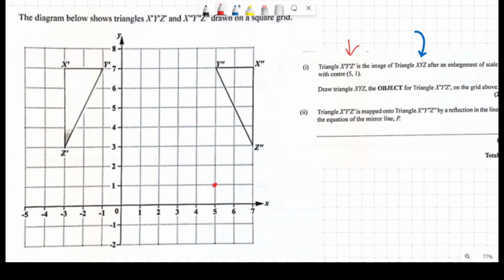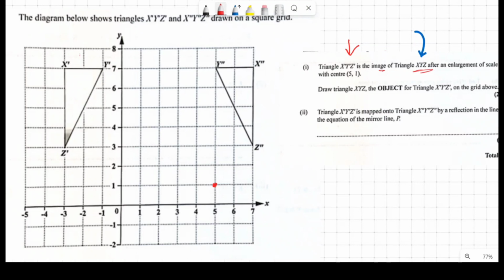So that was the center of the enlargement. They are suggesting that there's another triangle that was doubled up and it became this. So triangle X prime, Y prime, Z prime is the image of another triangle that is not here.